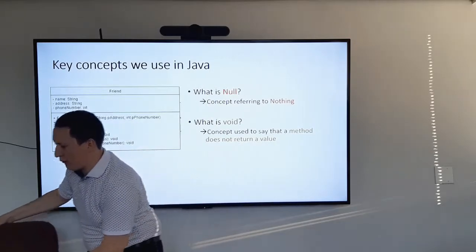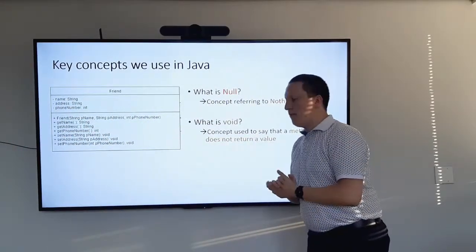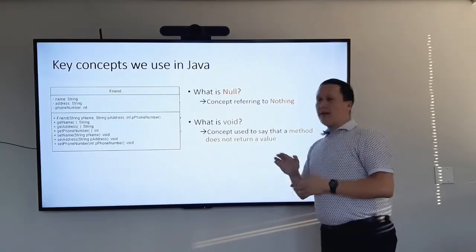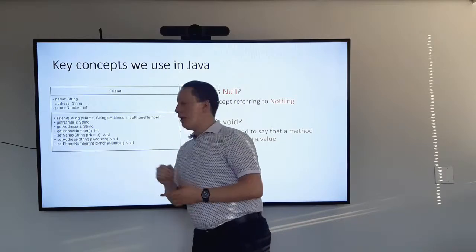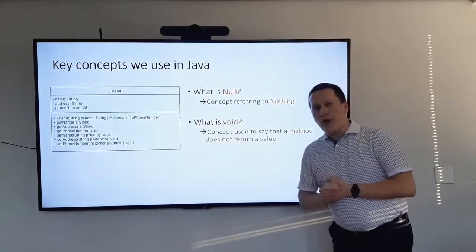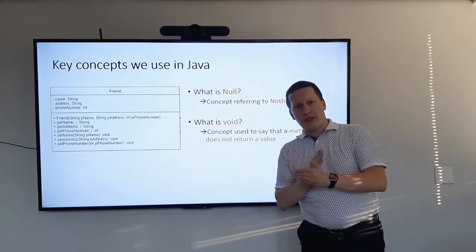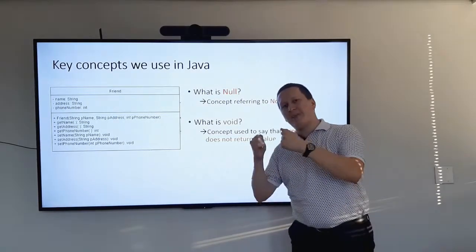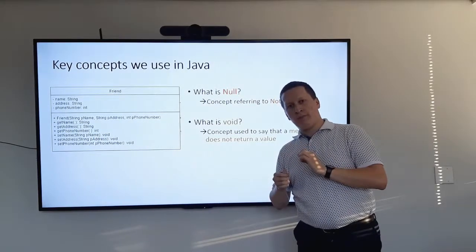Let's take out our friend right here. We have the word void. Void is attached to the operations. We use void when an operation is not returning, is not having an explicit output. That's when you use void.